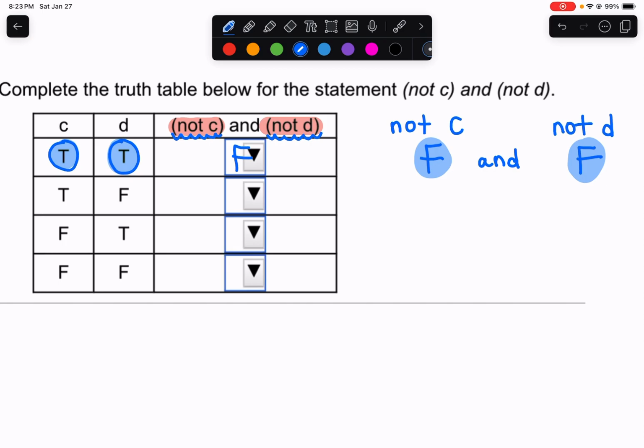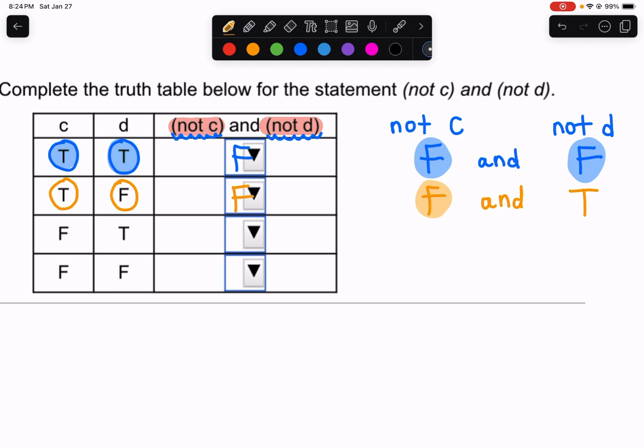So let's keep on going. The next one. Opposite of true is false. And opposite of false is true. Well, you notice how this one is false this time, right? But we need both of them to be true. So unfortunately, this conjunction is also false.